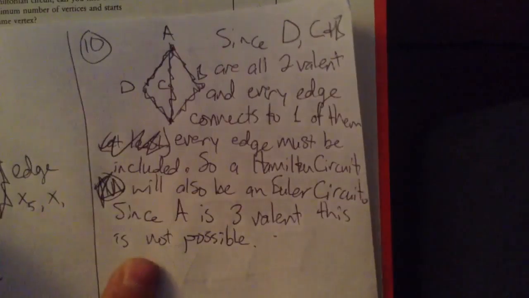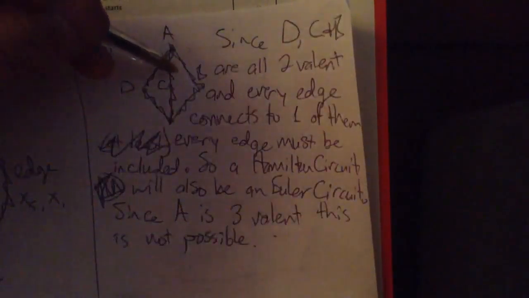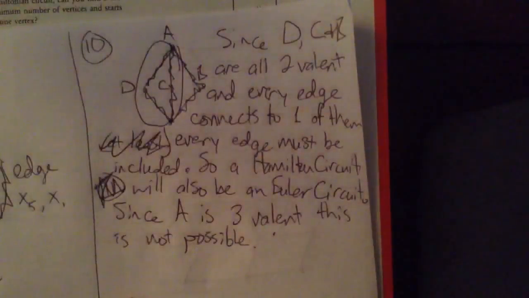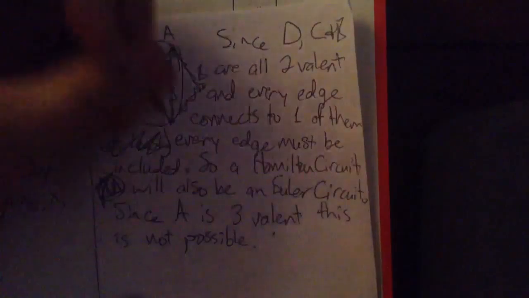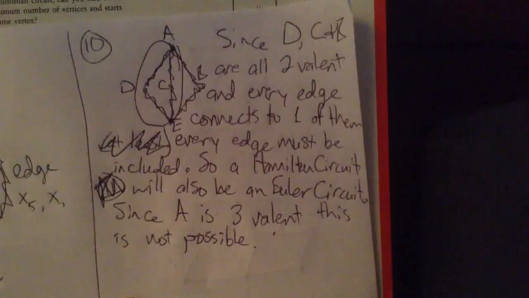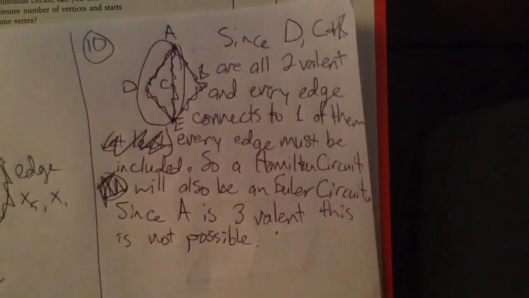The other argument you could make that would be easy is you could say this section here must be part of it, and that section is a cycle. You can't have a smaller cycle as part of a Hamilton circuit, because then you must have either visited A or E multiple times. So there's another argument you could have made that is equivalent.